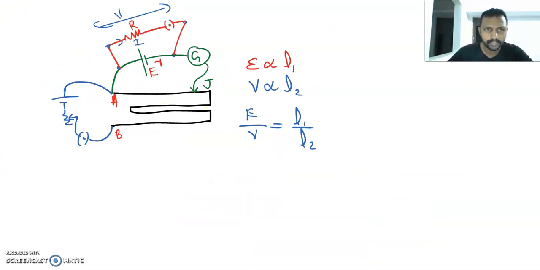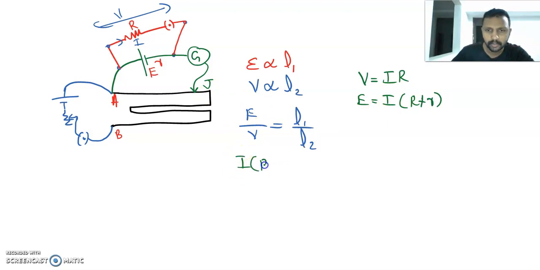We know V is equal to IR, and we have also learned EMF is equal to I into R plus r. Therefore, let's substitute for E and V. Then it will be I into R plus r divided by IR, and it should be equal to L1 by L2.